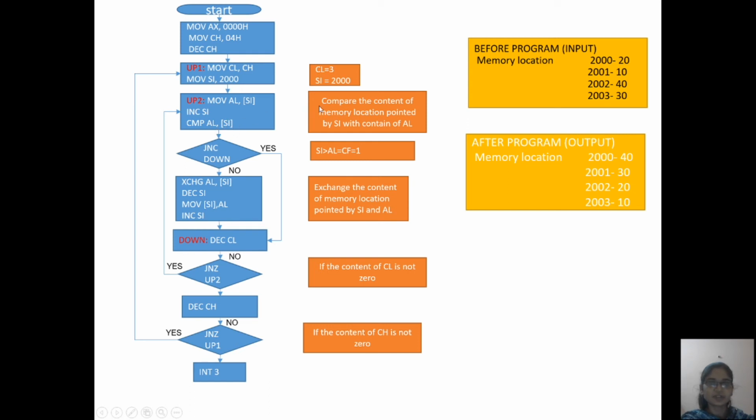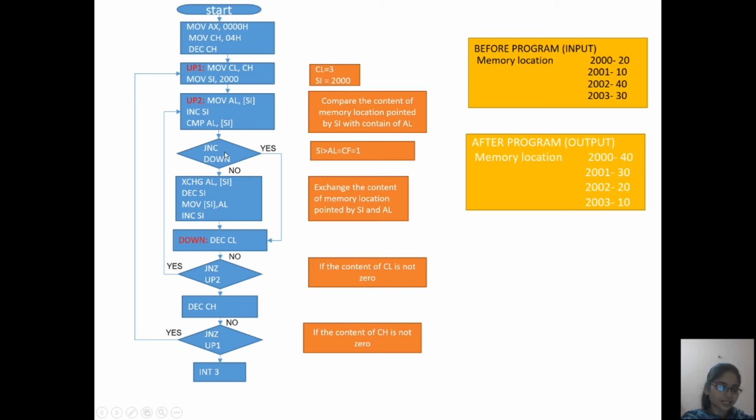So presently we know that SI points to memory location 2001. So this 10 is compared with the content of AL register, which is 20. So we know that the content of AL register is greater than the content of memory location 2001. So in this condition, the carry flag is not generated.